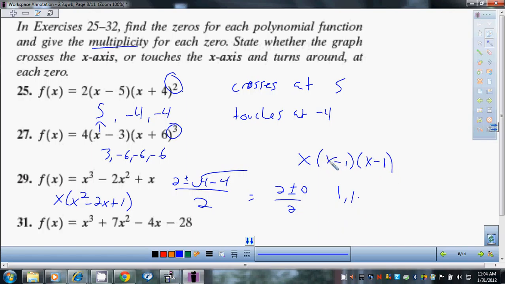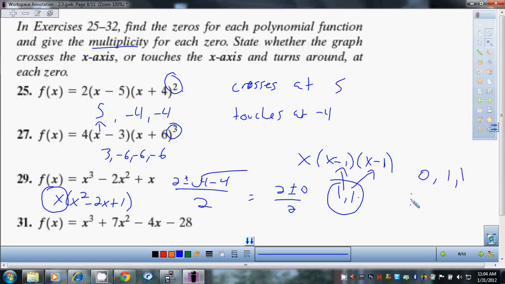So you can factor by doing the quadratic equation if you prefer. Because these are the actual zeros. These are what are going to make those equal to 0. Well, your answer would be, what's going to make this part equal 0? 0. So the answer would be 0, 1, 1.